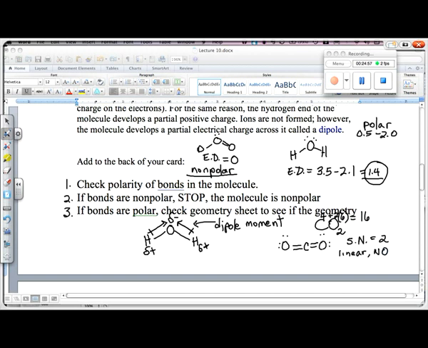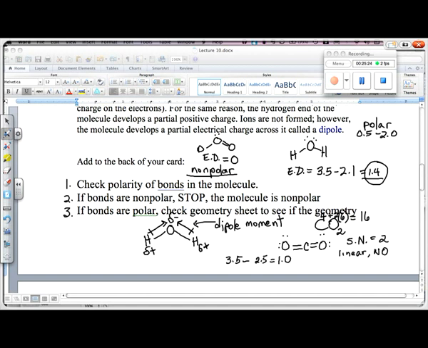But if the question were, is the bond polar in the carbon-oxygen molecule, that's step one, we need to look at our electronegativity difference. Carbon has an electronegativity of 2.5, and oxygen has an electronegativity of 3.5. So 3.5 minus 2.5, you're always taking the largest minus the smallest. That gives you an electronegativity difference of 1.